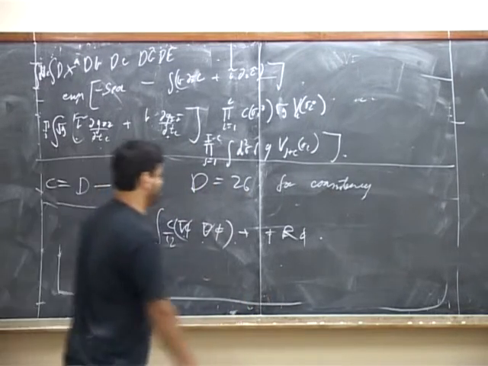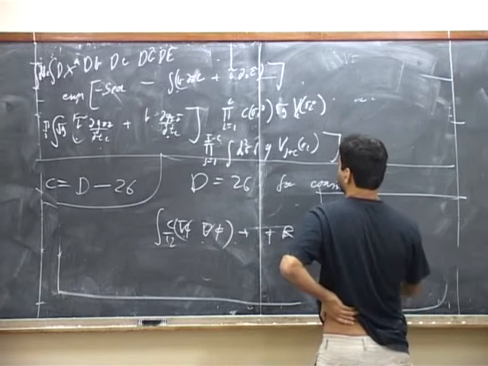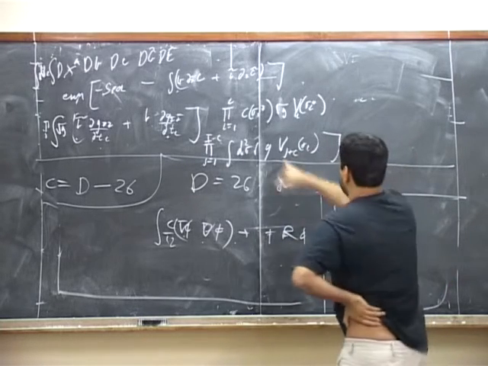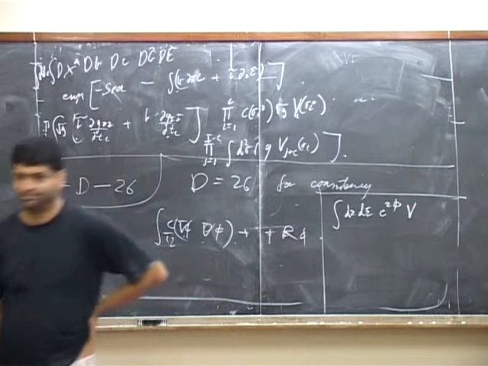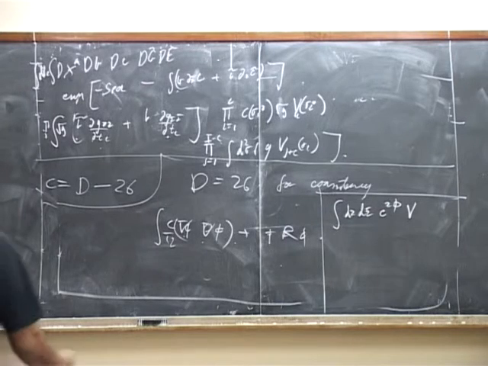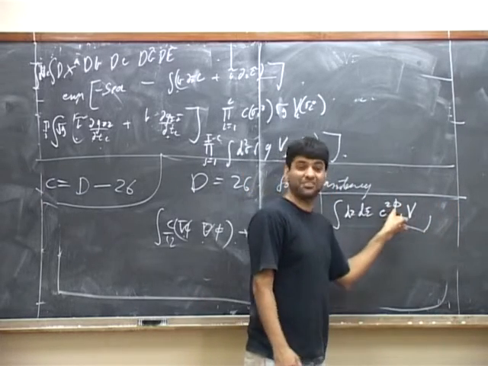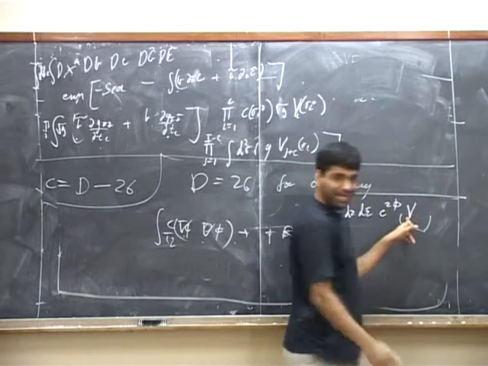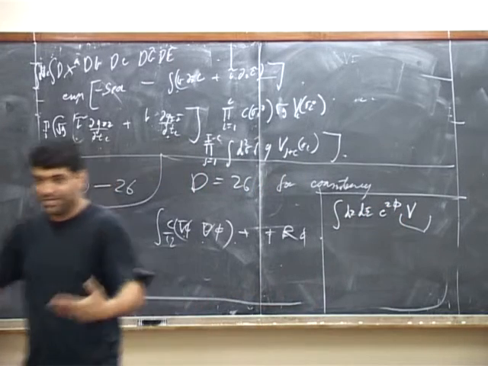Now, what are the insertions? The insertions here are d z d z bar, times square root of g, so that's e to the power of 2 phi, times V. Now this quantity, in order for this to be a well-defined insertion, an insertion that doesn't depend on the phi that goes into the fiducial metric, it had better be that this V transforms under phi in such a way as to cancel this explicit e to the power of phi dependence of this metric.